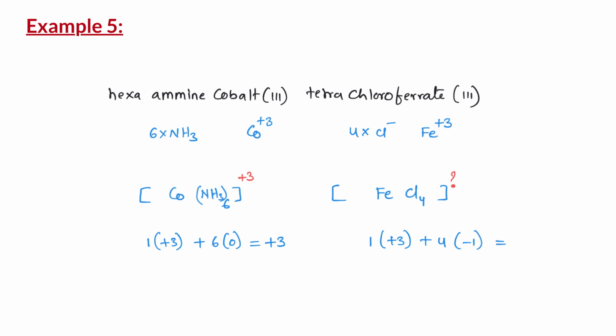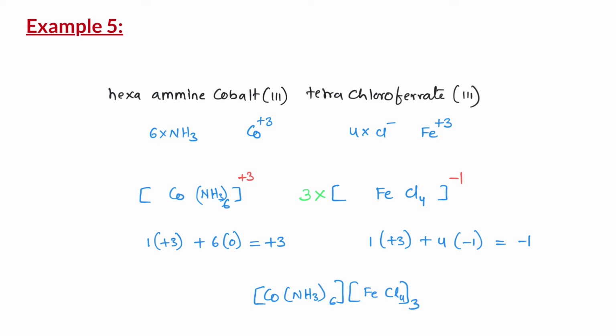The overall charge is -1. So the complex cation has +3 charge and the complex anion has -1 charge. To maintain the charge neutrality, we need 3 complex anions for every complex cation.